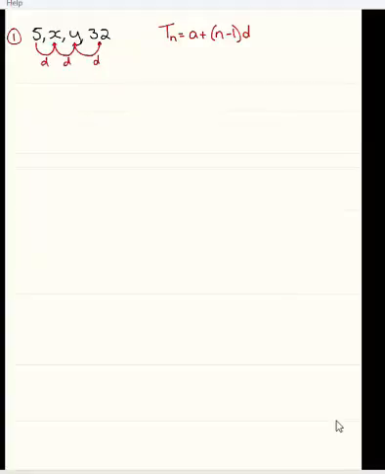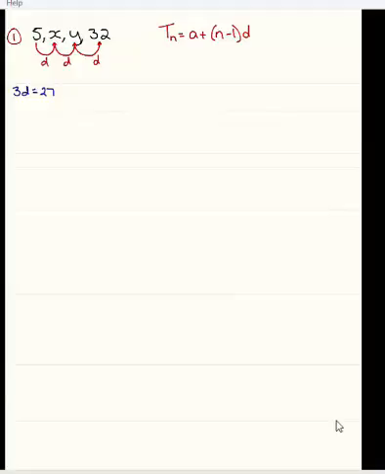So all up, we have 3d. We've added 3 d's, and that is equal to the difference between 32 and 5. So 3d is equal to 27, because when I added d 3 times, I added 27.